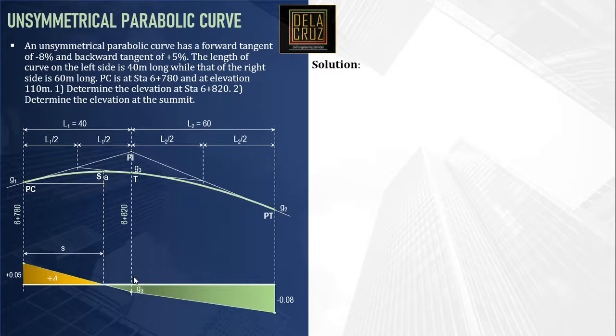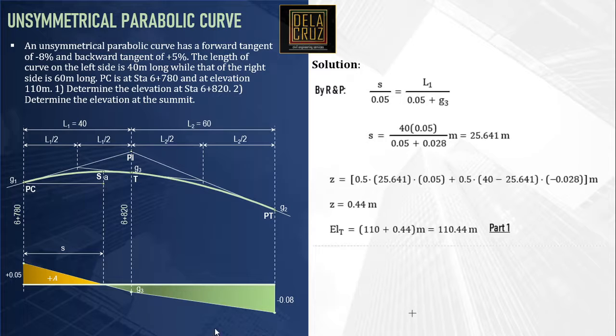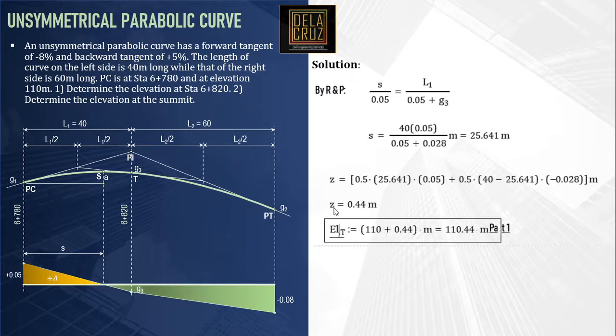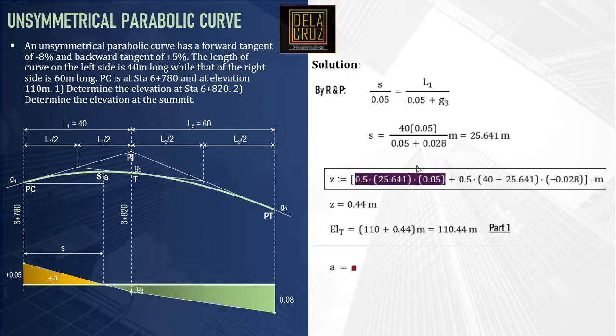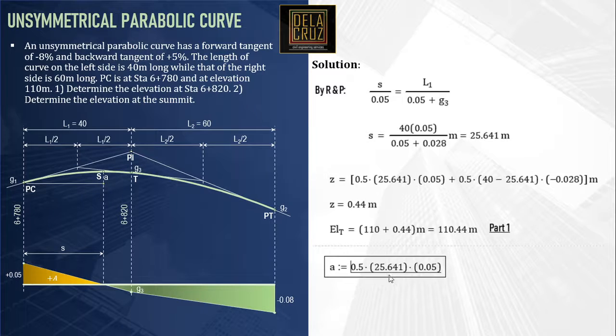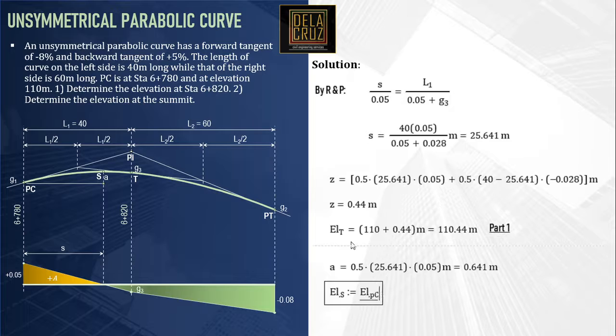So, A is equal to 1/2... actually, that area there is just equal to this area here. The positive area, we already calculated. Let me just copy that one to be fast. That should be in meters. That is 0.641.